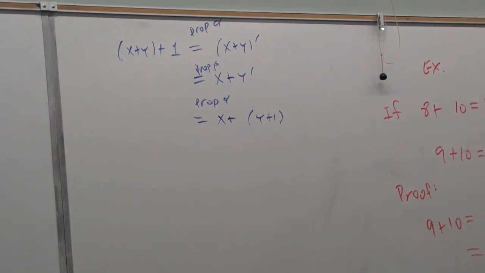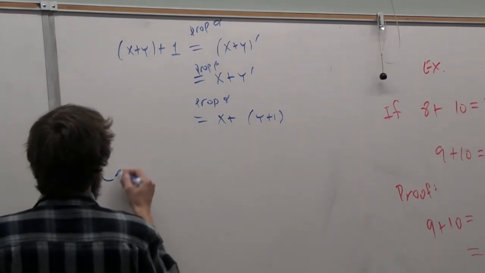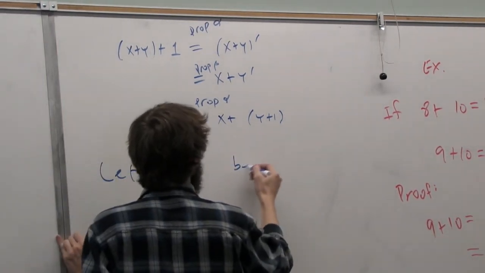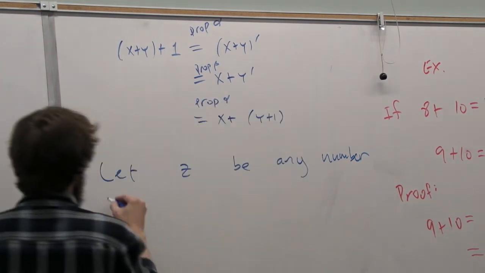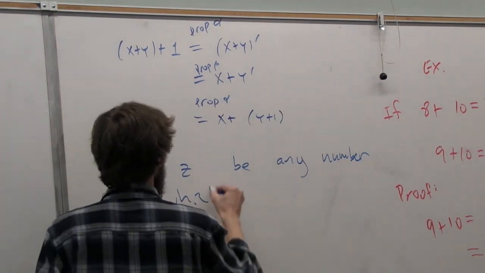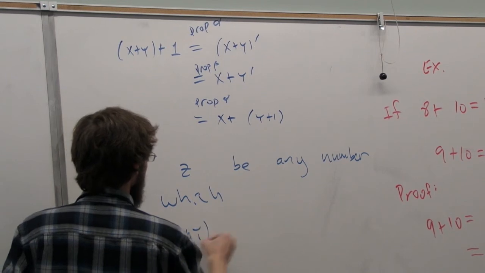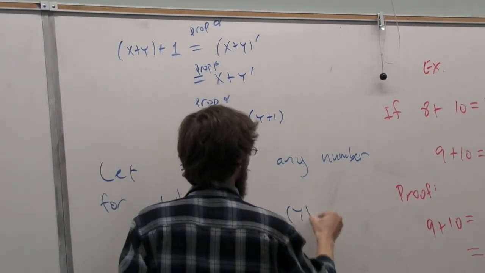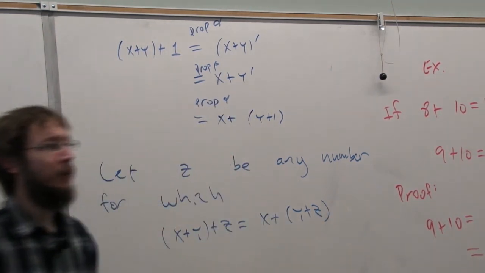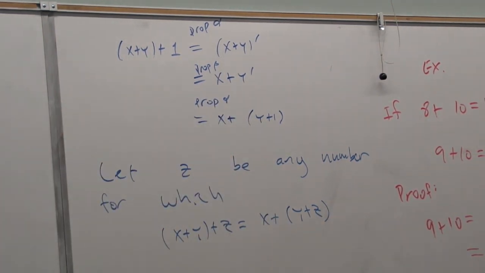So induction says, let n be the set of numbers where that's true. You have to show that it holds for 1, and then you have to show that it holds for all successors, right? So now what we're going to do, let z be any number for which x plus y plus z is equal to x plus y plus z. So let z be any number where the associative law holds.